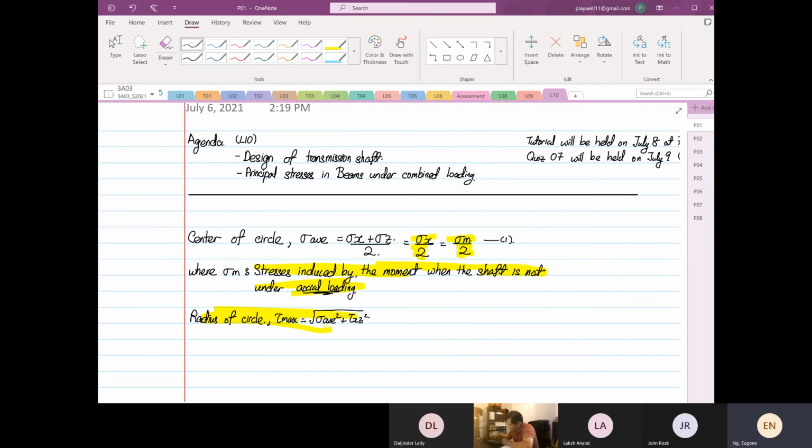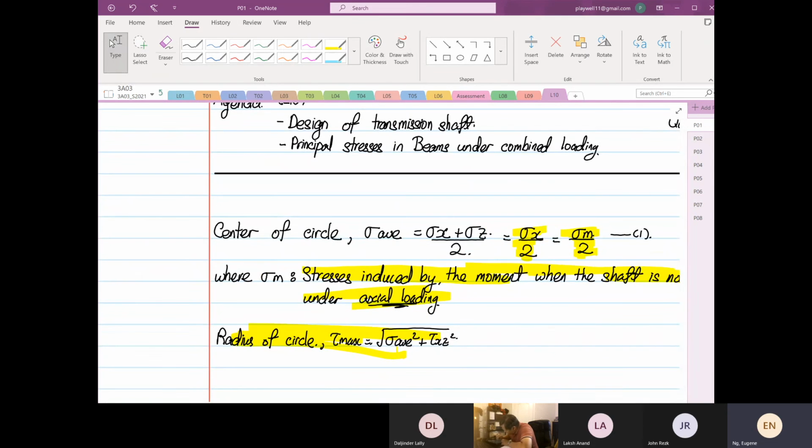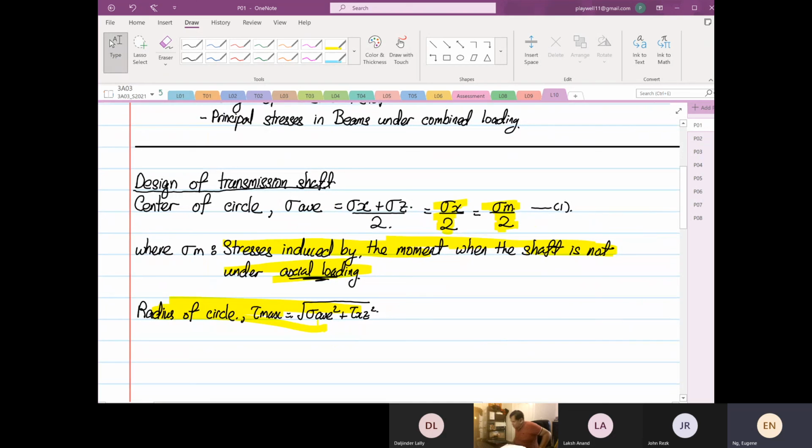So this is a continuation of design of transmission shaft. We realize that tau max, the radius of the circle, is equal to the square root of the average stress squared plus tau xy squared.